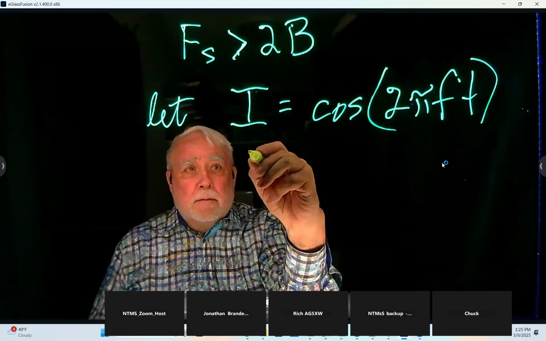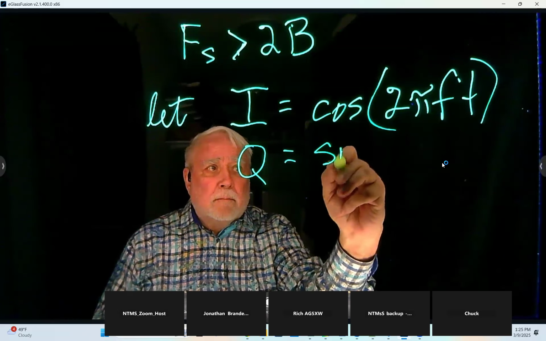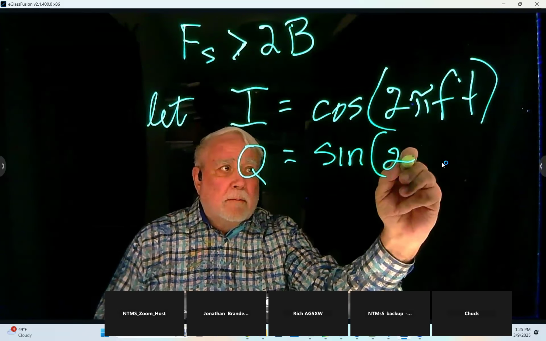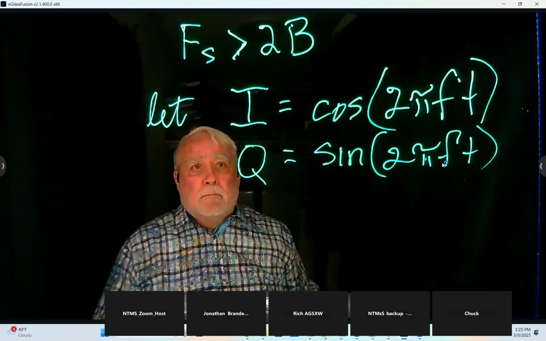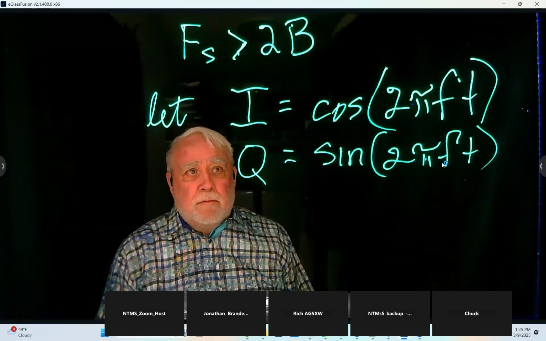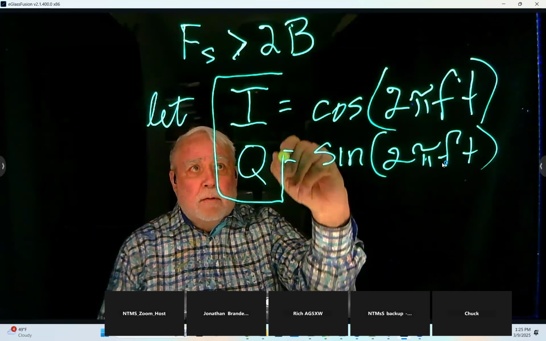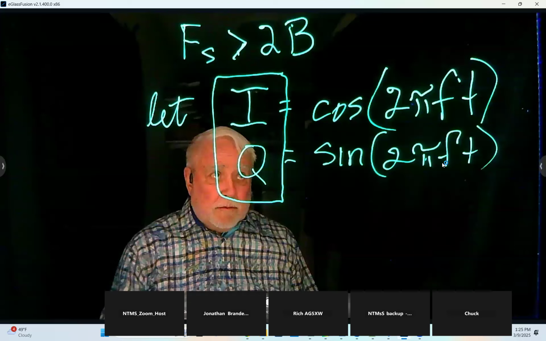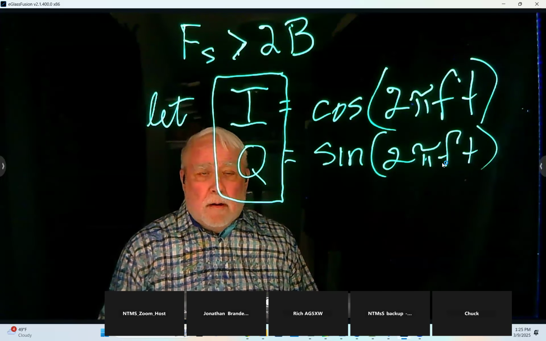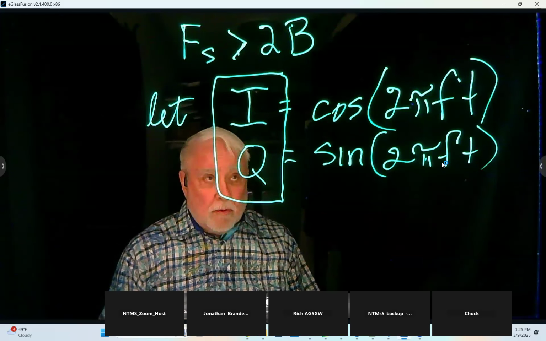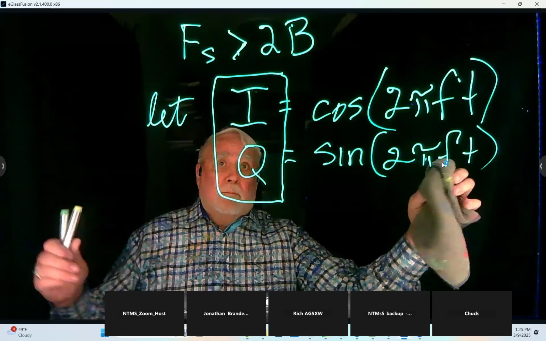And then let Q equal sine of 2 pi, some frequency, some time. These designators we'll try to stick to, to represent the trig, and labels are our coordinates and the examples.